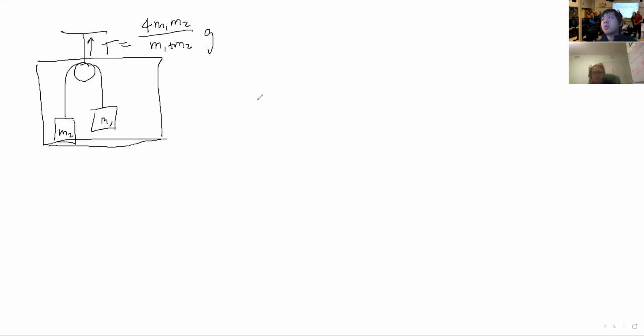So this is also saying the effective mass. Yeah, not if m2 is resting at the bottom. Yeah, but we can assume the box is very large.